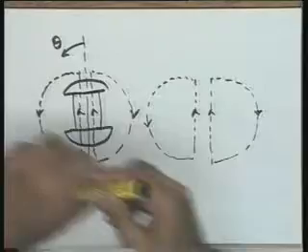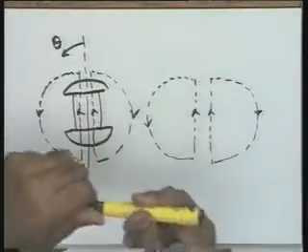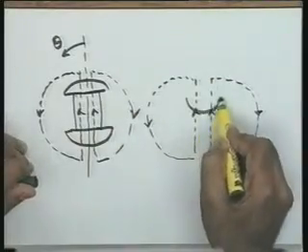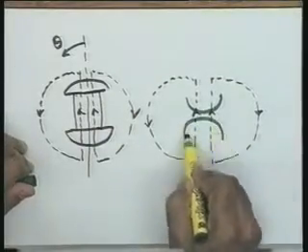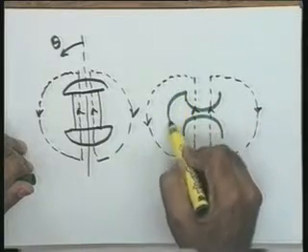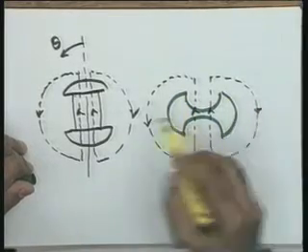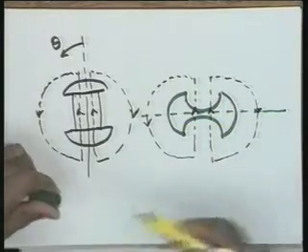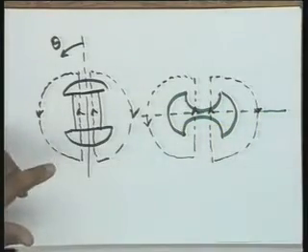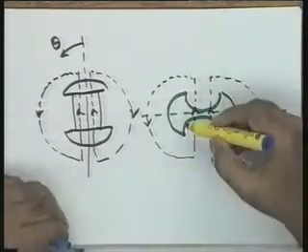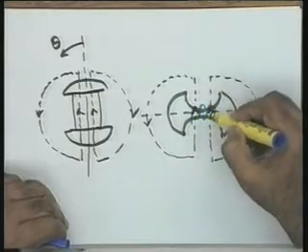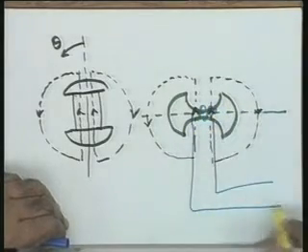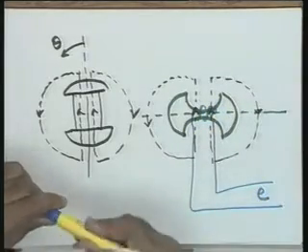Now, let me assume that the synchro control transformer has this position at a certain time. I want you to help me. What will be the voltage induced in the rotor of the control transformer? This is the voltage E which I am taking.